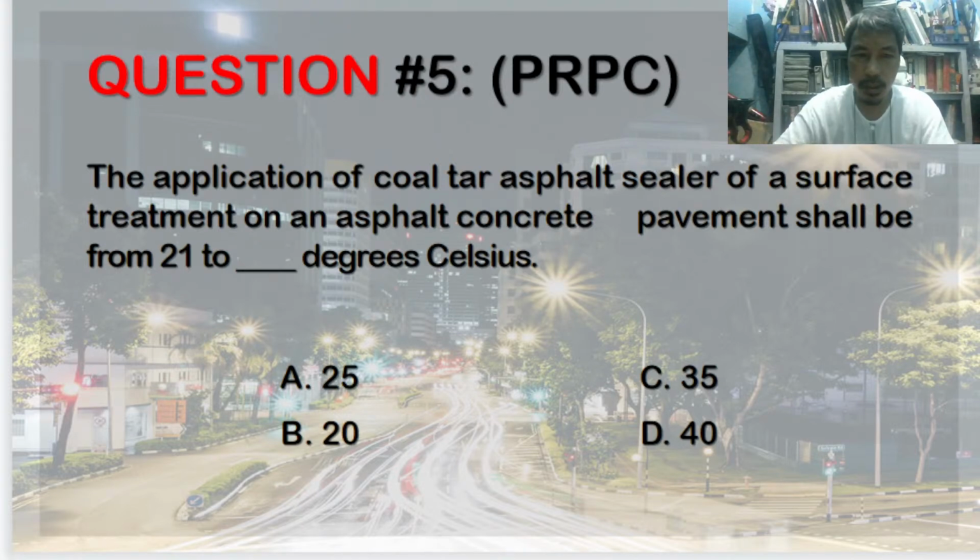So what is the correct application temperature of coal tar asphalt sealer? Sealer meaning it seals off the cracks on the concrete pavement. So asphalt is being used to seal off the cracks on the concrete pavements. What is the correct temperature? From 21 degrees to A, 25 degrees, B, 20 degrees, C, 35 degrees, D, 40 degrees. Okay? So the answer is 20 degrees.